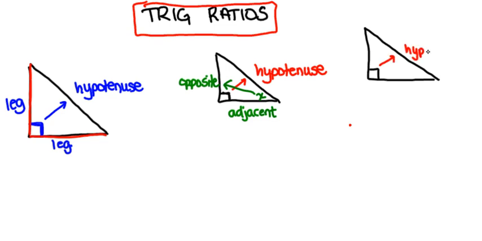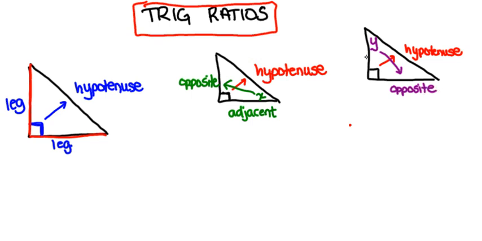The side opposite from the right angle is always the hypotenuse. But now, if I were to make this angle up at the top, I'm going to call it Y, my reference angle. Then the leg that's across from angle Y would be the opposite.